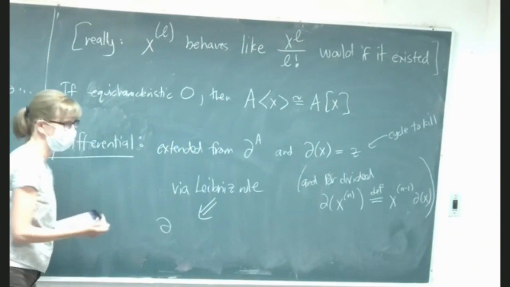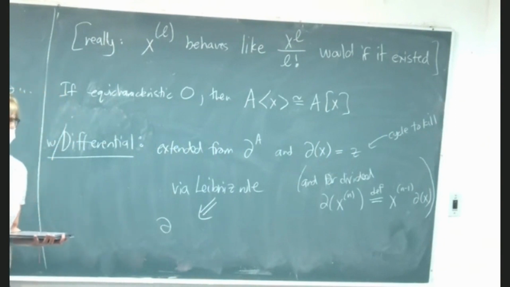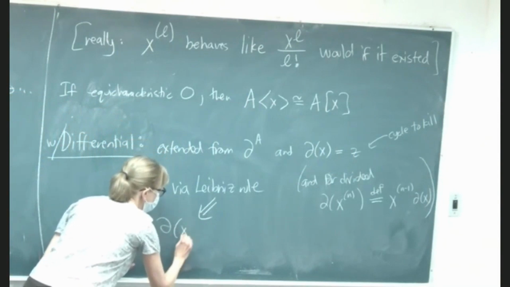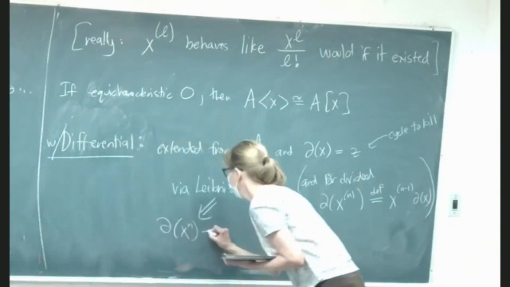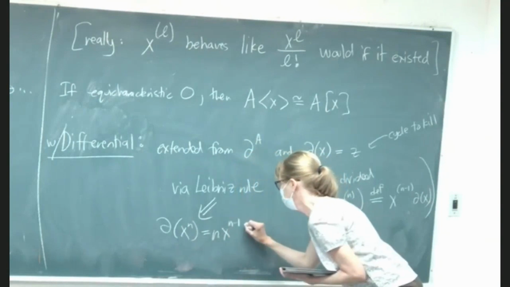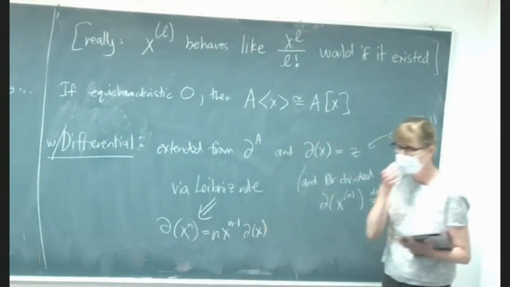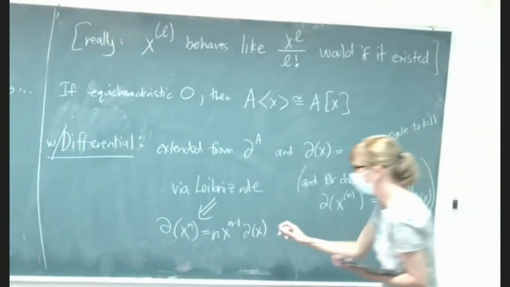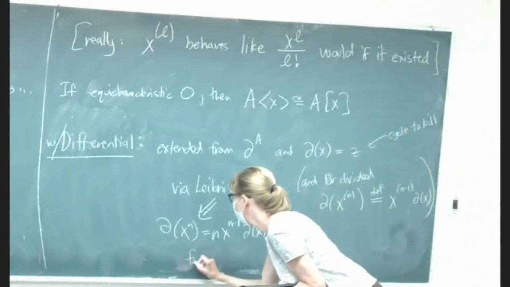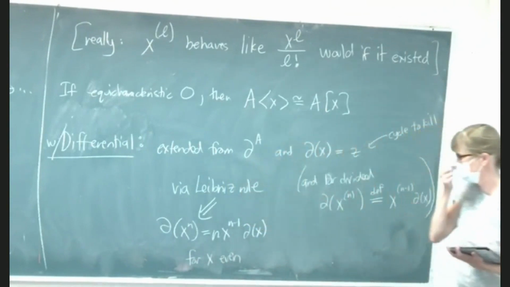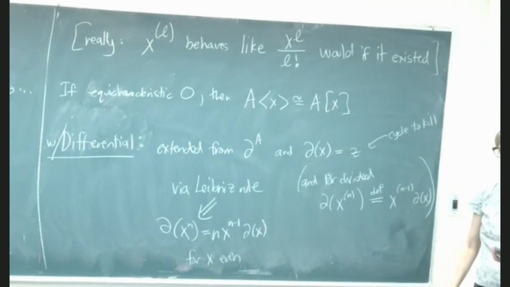So it acts like the product rule in calculus gives you the power rule in calculus: the differential of x to the n is n x to the n minus 1 times the differential of x, and you can prove that from the Leibniz rule. I should say for x even, so that otherwise there's nothing there.